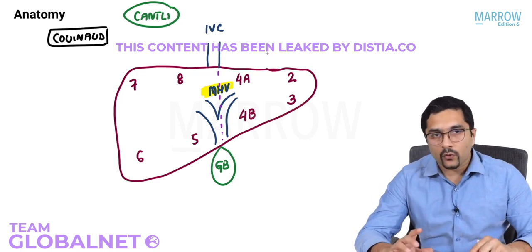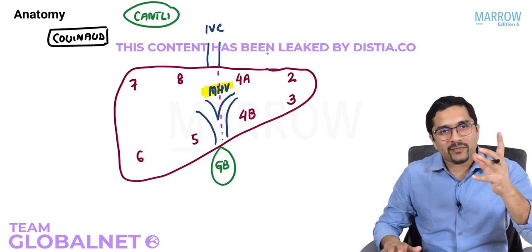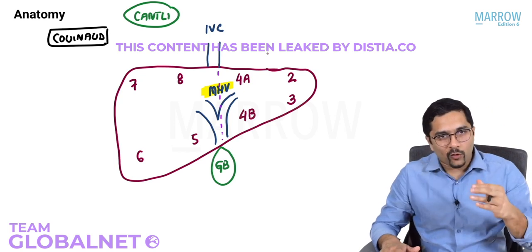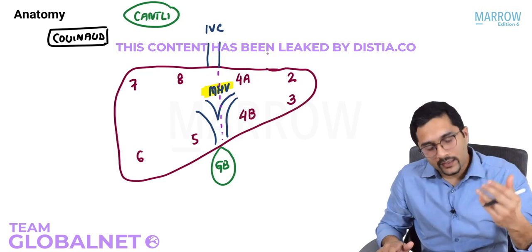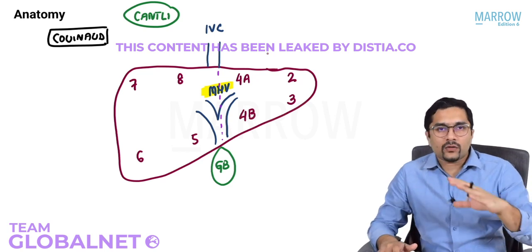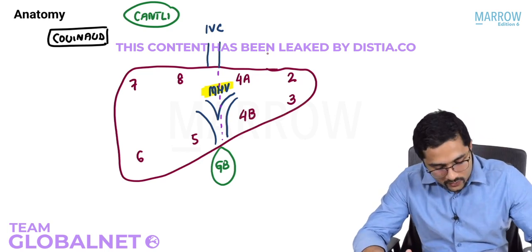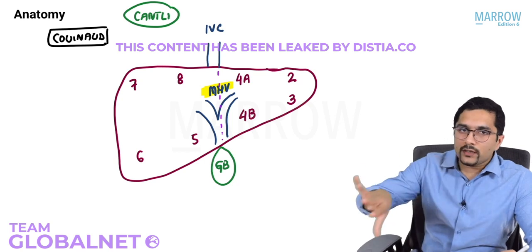Instead of 4, just remember it as A. A means 1, right? It's the first alphabet. So A, 2, 3, 4 are on the left side, and 5, 6, 7, 8 are on the right side. This is how quickly you can draw a diagram mentally, and you can answer most of the questions.